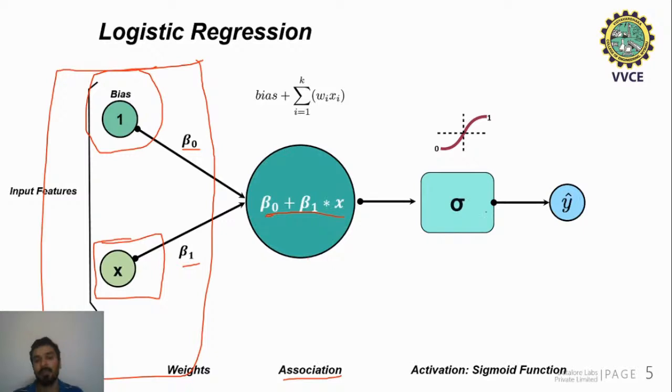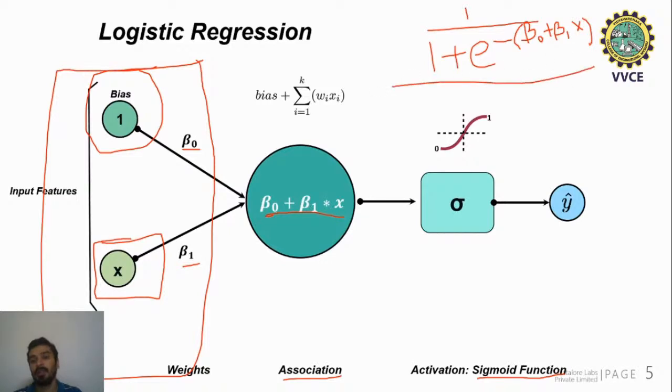Now the activation function that you have set is the sigmoid function. So you just have to apply this value to your sigmoid function, which will be 1 divided by 1 plus e power minus (beta 0 plus beta 1x), right? If you look at this equation, this is exactly what we get in logistic regression.